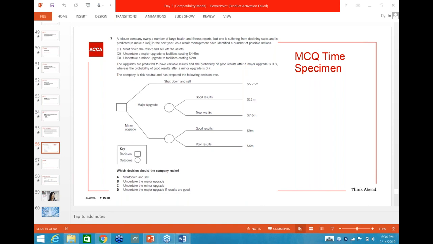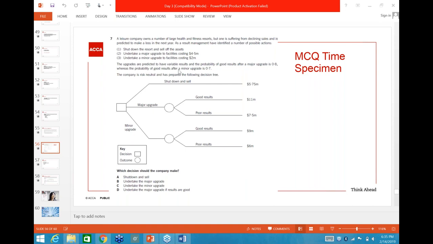So, a leisure company owns a number of large health and fitness resorts, but one is suffering from declining sales and is predicted to make a loss in the next year. As a result, management have identified a number of possible actions: shut down the resort and sell off the assets, undertake a major upgrade to facilities costing 4.5, a minor upgrade costing 2.